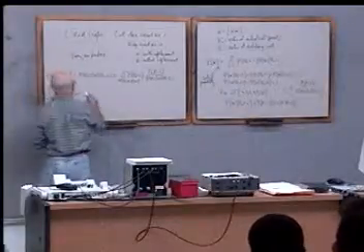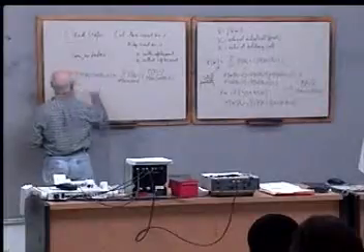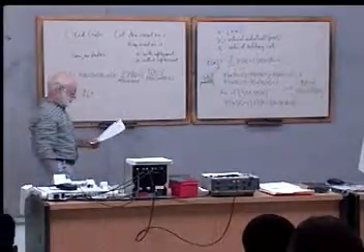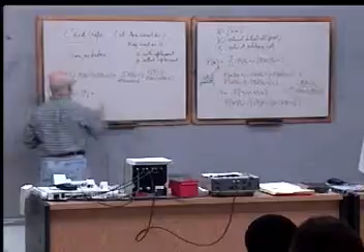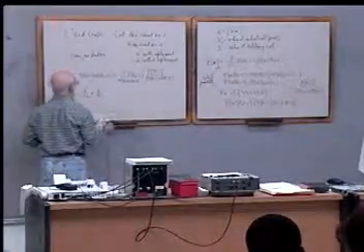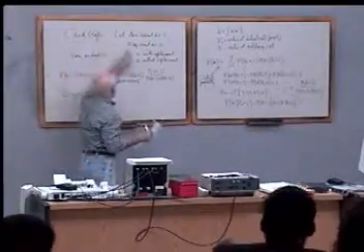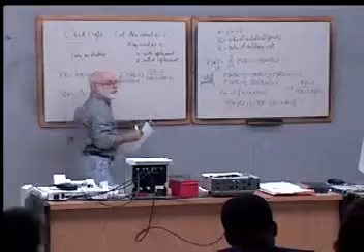So the probability is 8 over 52. That's the probability of rolling a 7. What's the probability of rolling an 11? Well, that's also 8 over 52, because I have 8 11s, namely the original jacks plus the 4 kings.